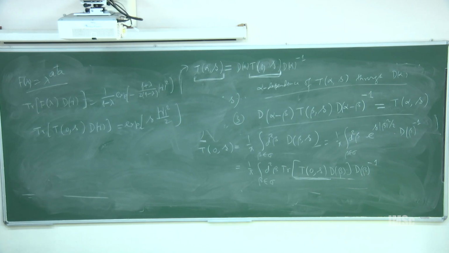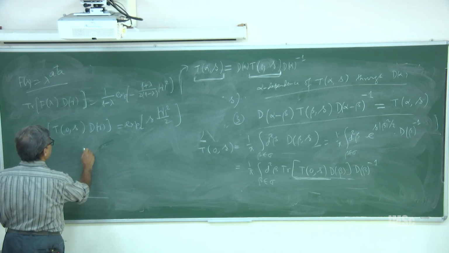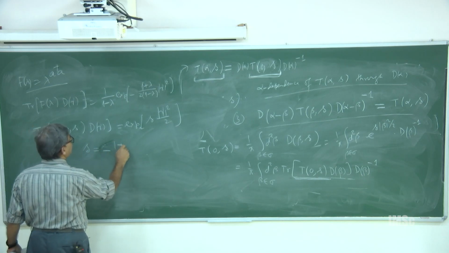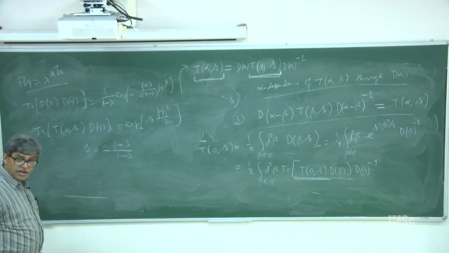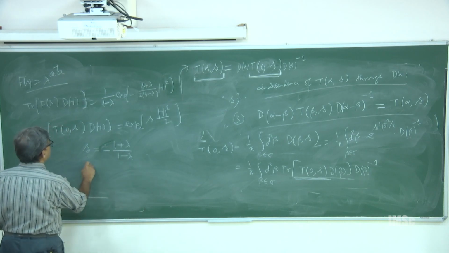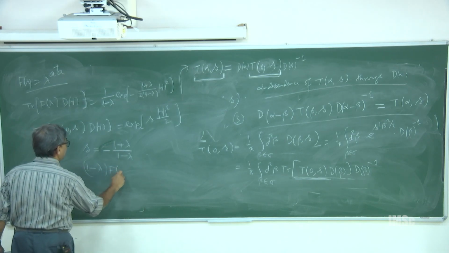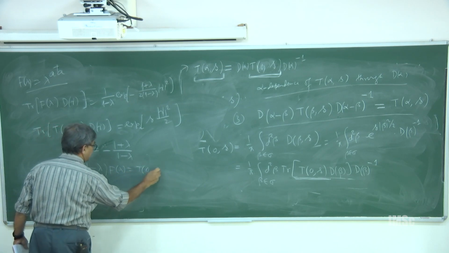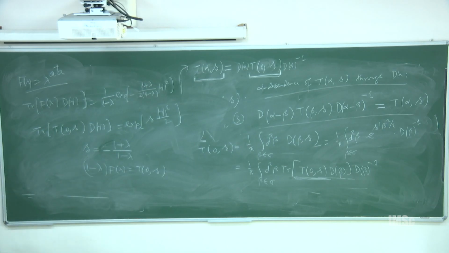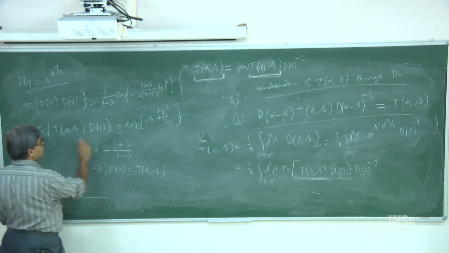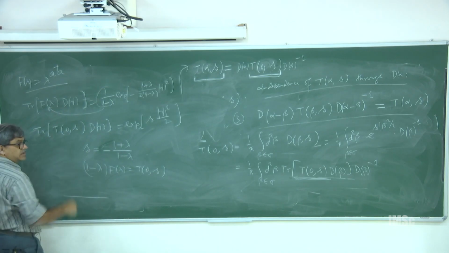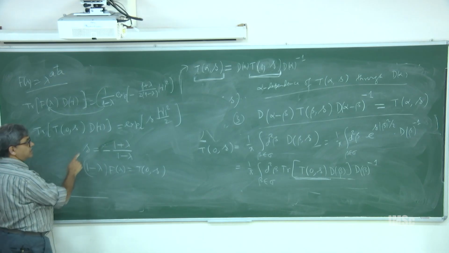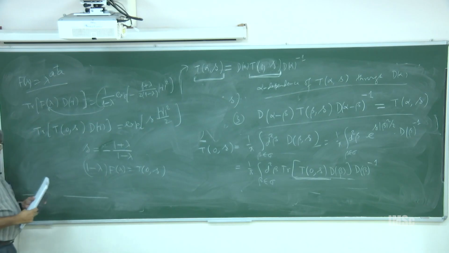If you choose s equal to minus 1 plus lambda by 1 minus lambda, and 1 minus lambda times f lambda is equal to T of 0 s, then, because this is a factor I can take out, you see a similarity of these two, because these two values are the same. So they are the same operators.